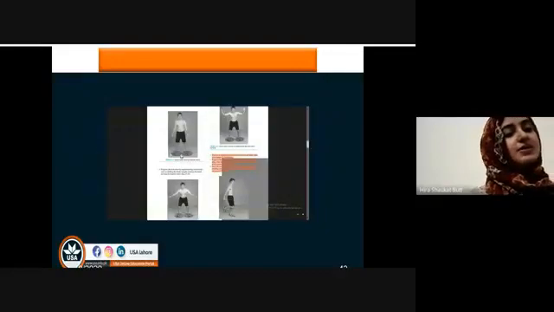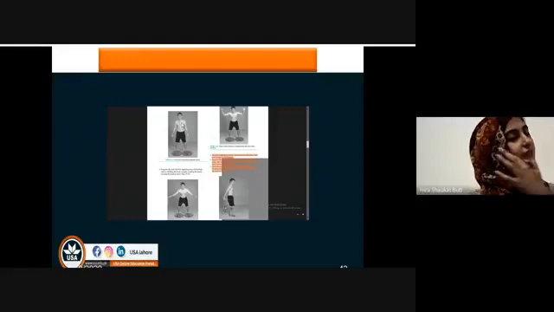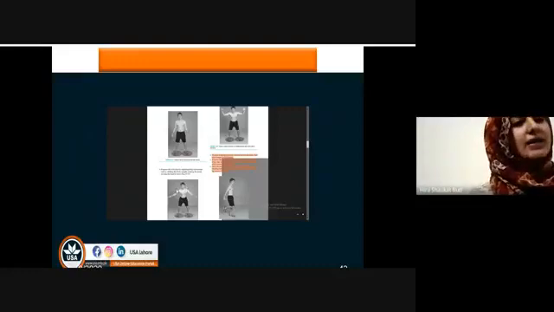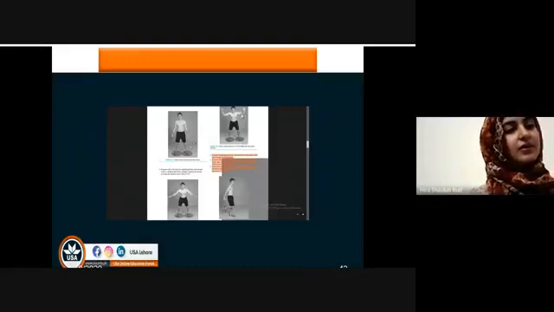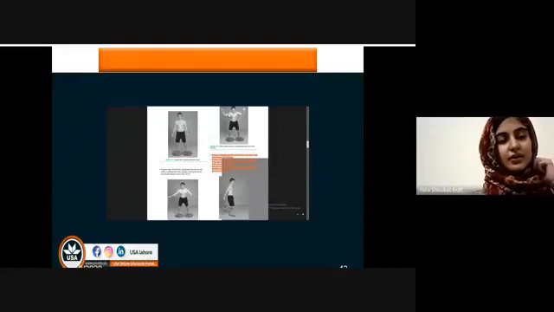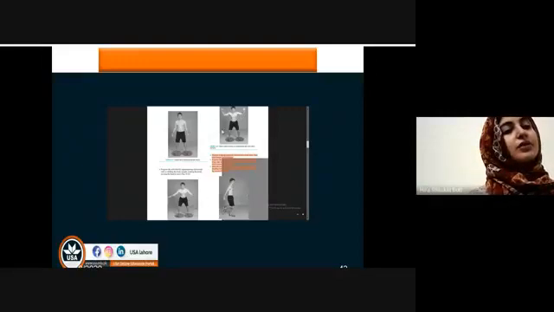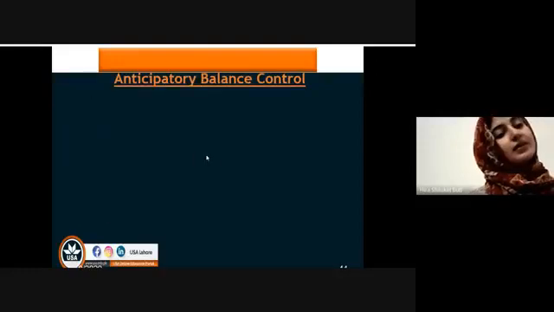You can see here the person is practicing standing on the wobble board along with the forward leaning. Here he is standing with the upright posture. Here he is leaning forward in order to maintain the balance. Here again you can see they have targeted the upper limb position. So this is how you can ask them to vary their positions.